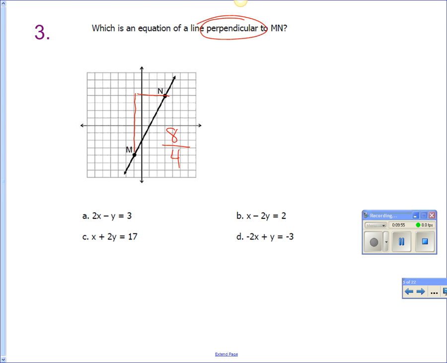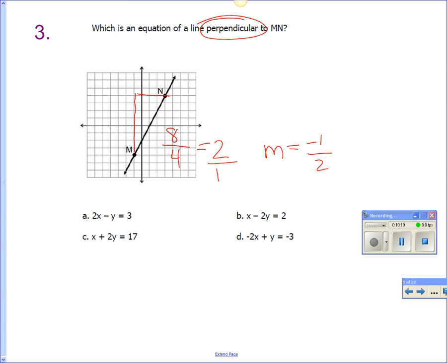All right, 8 divided by 4 gives you 2. It's perpendicular, so you have to remember to put m equals, what does 2 become? Negative 1 over 2. Remember, put a 1 under it, and you flip and change it.